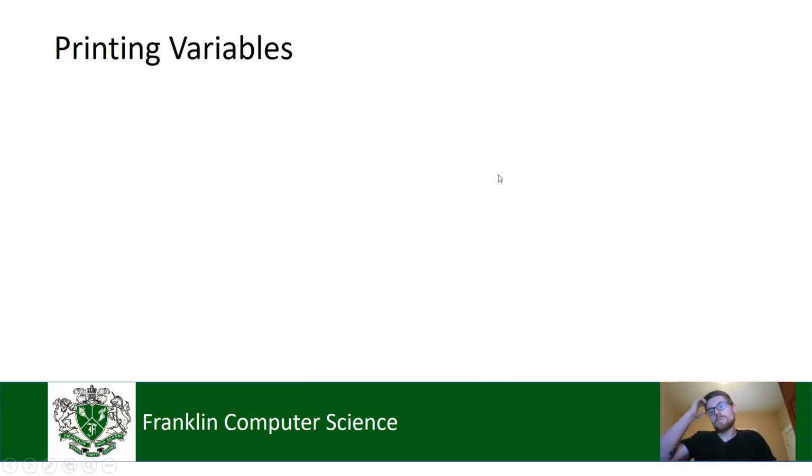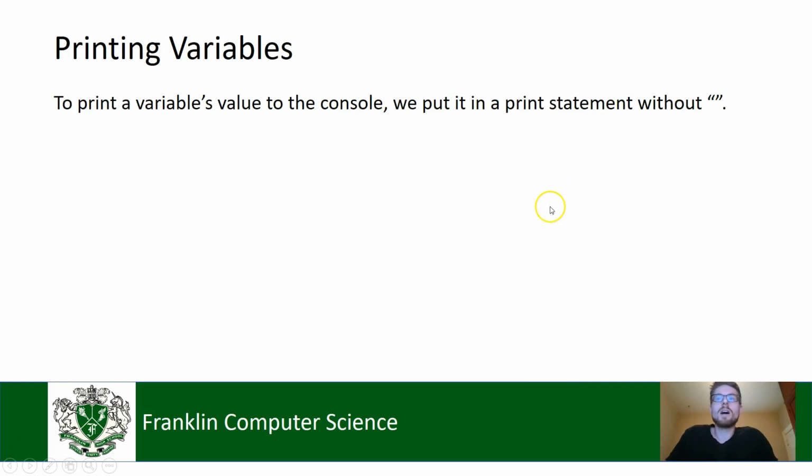Okay, so we've talked about storing this data, but how do we actually use it? Well, the simplest way to use it is to just print it to the console. So we can print variables, and to print it, you put the name of a variable without quotes inside a print statement.